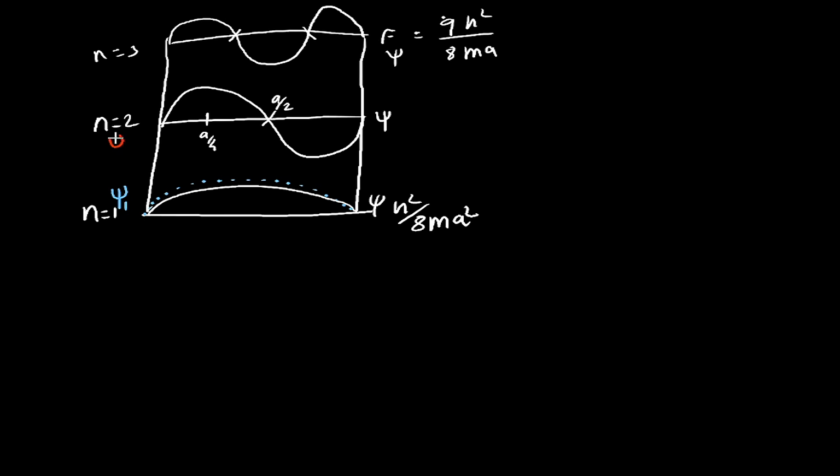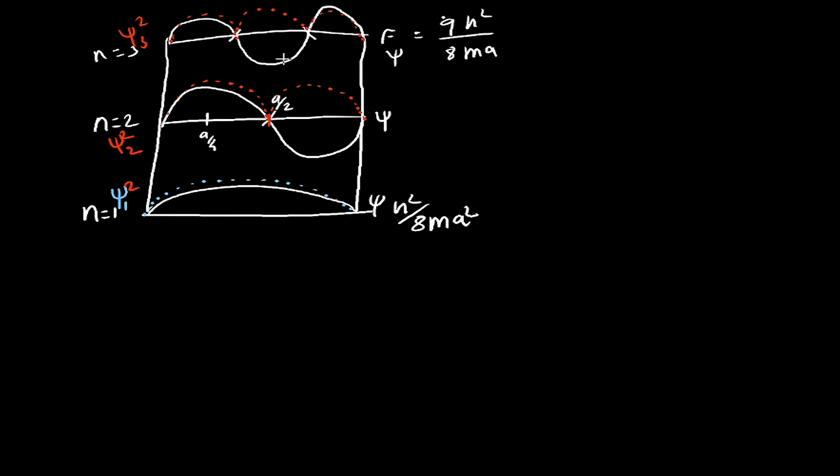For psi 2 squared, the graph will have this behavior, that is, it will show the maxima, and there won't be any minima. So this is our node. For psi 3 squared, we will have 1, then 2, and then 3.